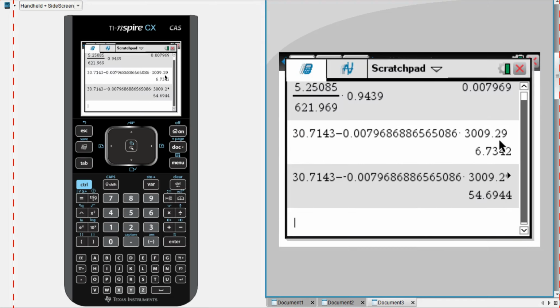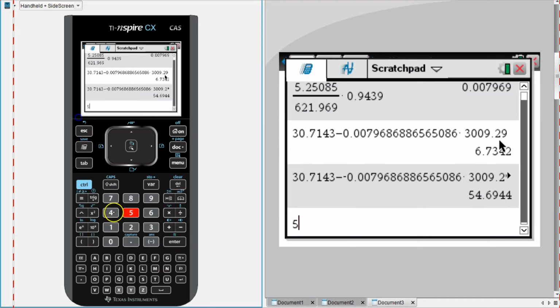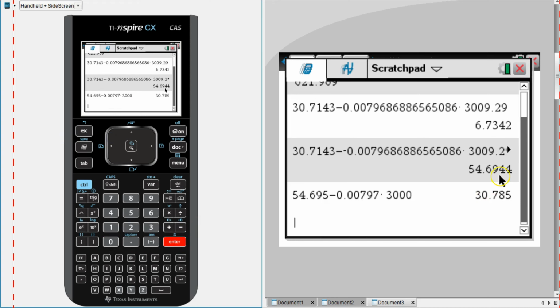So back to my scratch pad, 54.695. That's using the one that's not rounded off, and then we had minus 0.00797 times the X, which is 3,000, and we have 30.785.